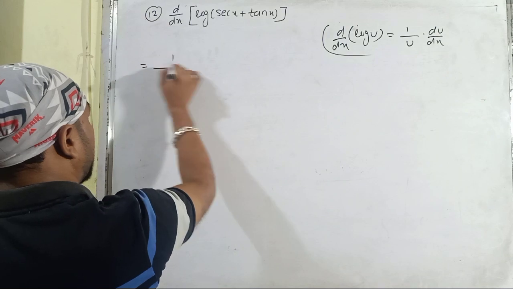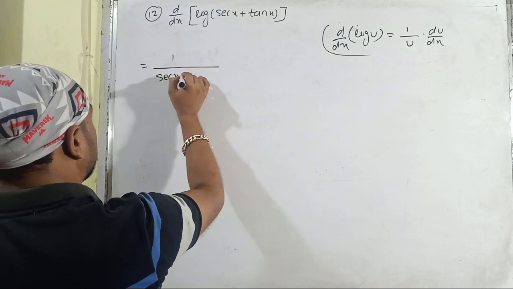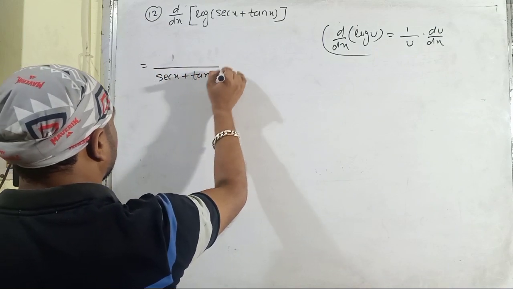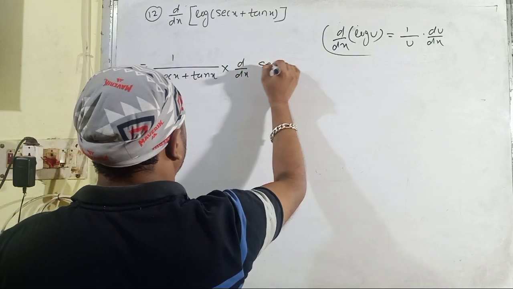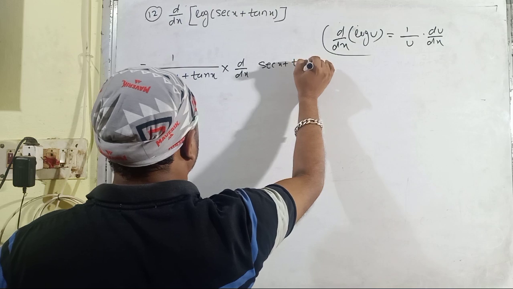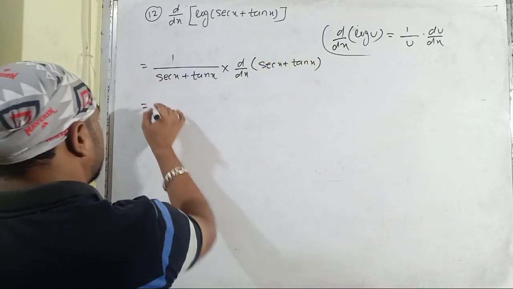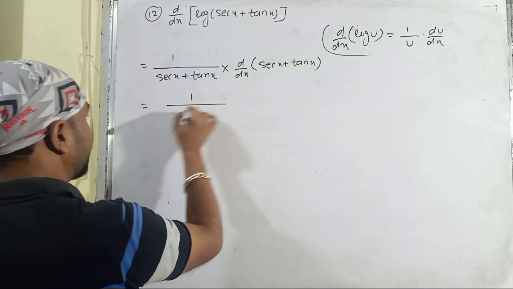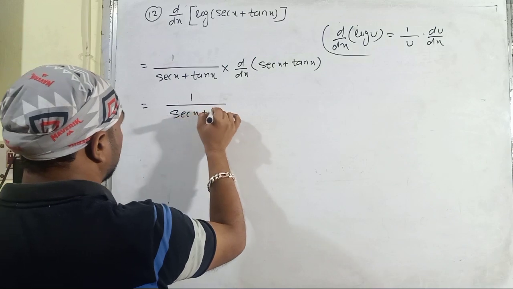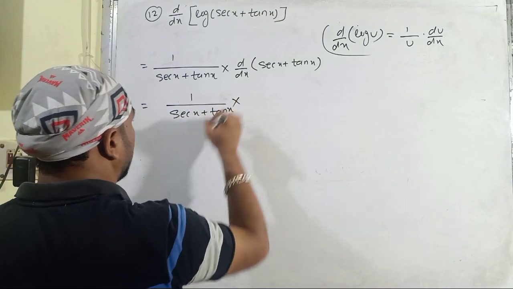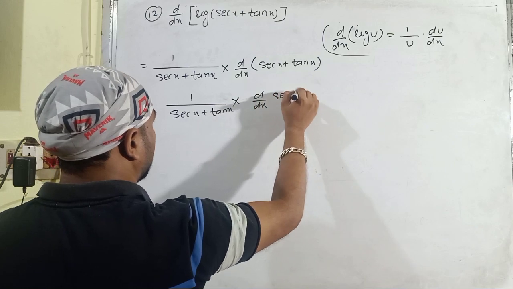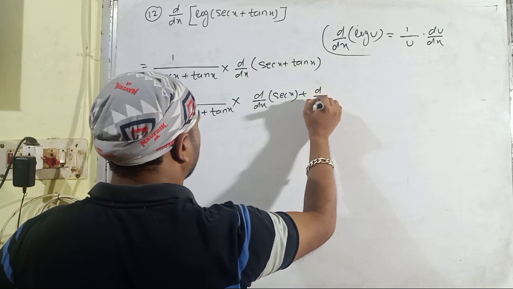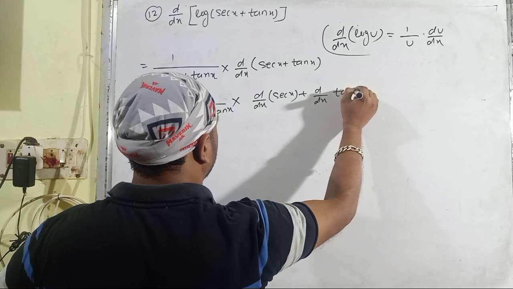So it is 1 upon sec x plus tan x multiplied with the differentiation of sec x plus tan x, that is, 1 upon sec x plus tan x multiplied with differentiation of sec x plus differentiation of tan x.